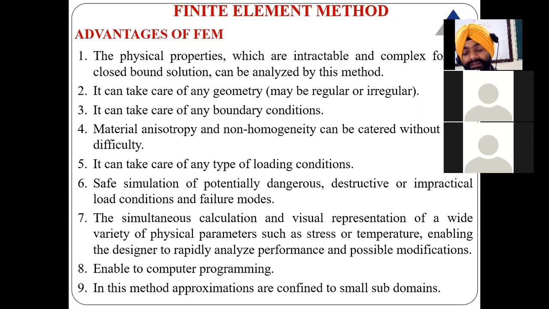When the material is not homogeneously distributed, we call it anisotropy and non-homogeneity. It is a property of the material. Even so, it is not a difficulty for the calculation.